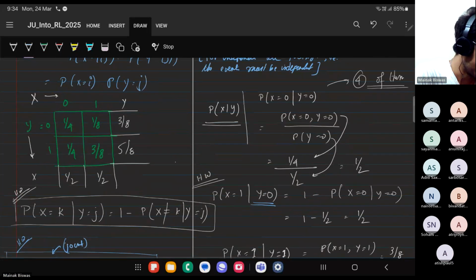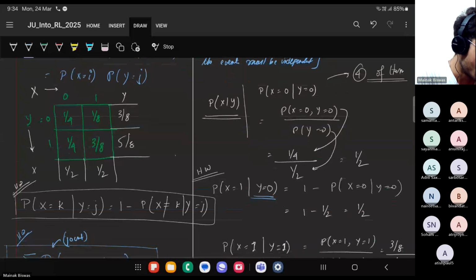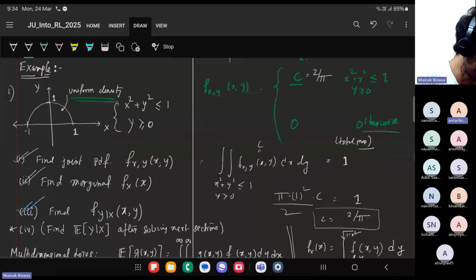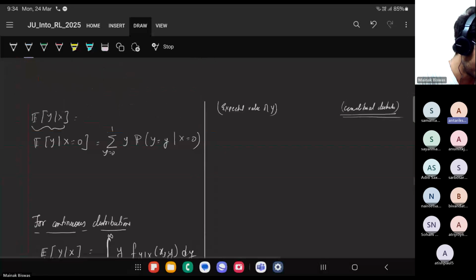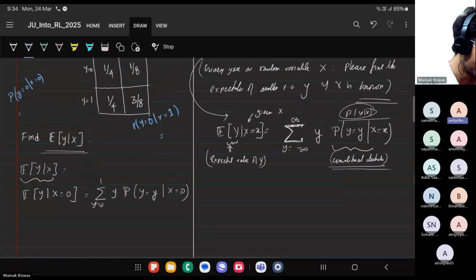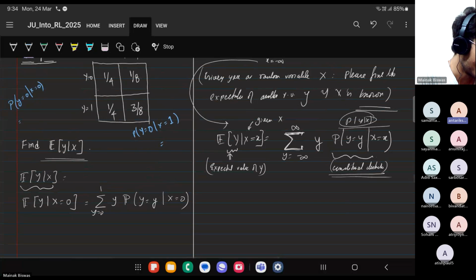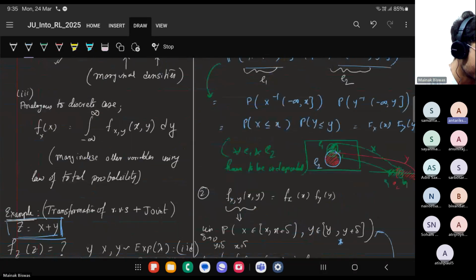Did I find the expected value of x given y or y given x? I think there was a mistake there on my part. So I did the opposite thing. The probability of y given x would be half, and for the other way around, it would be 2/3 and 1/3.